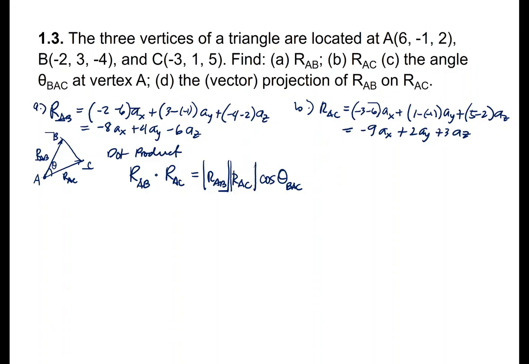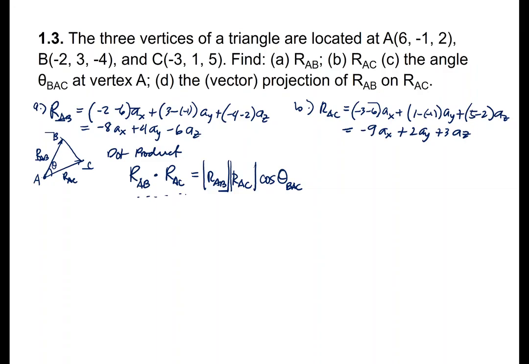Now the dot product here is an element wise multiplication: we multiply each element, then take the sum of those products.